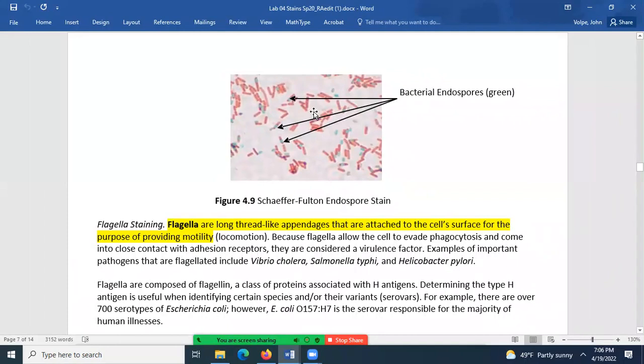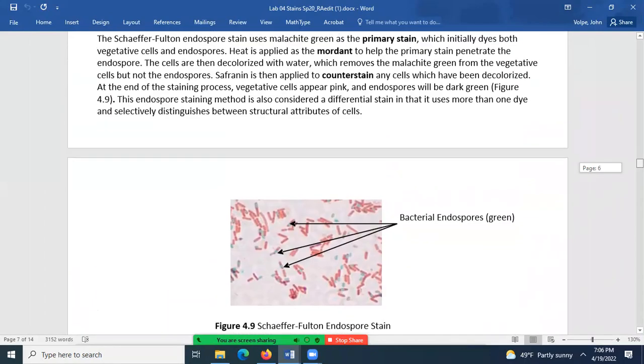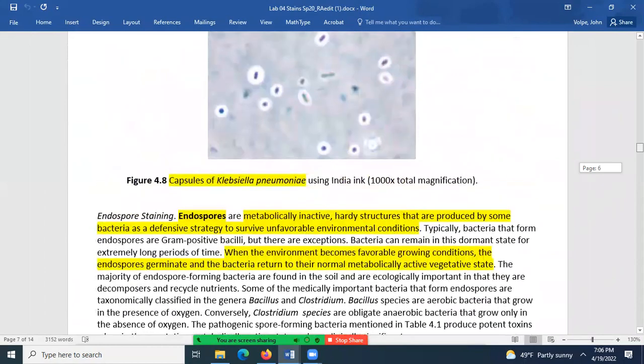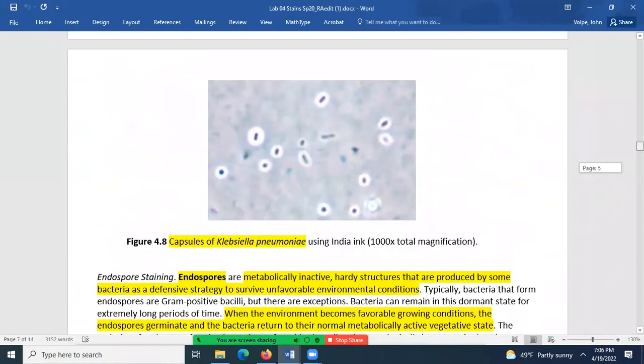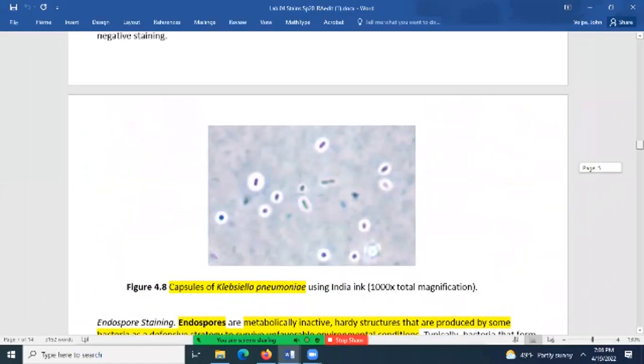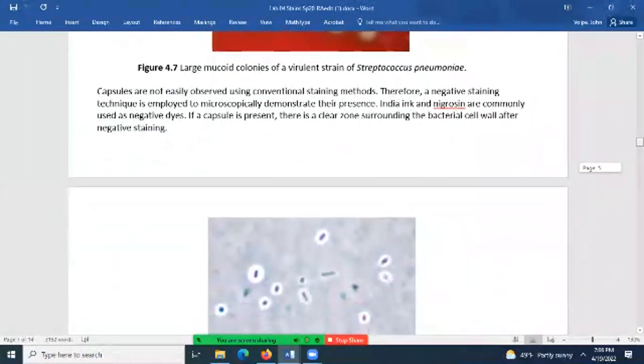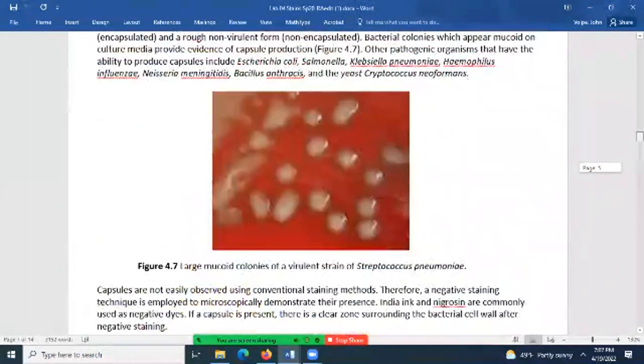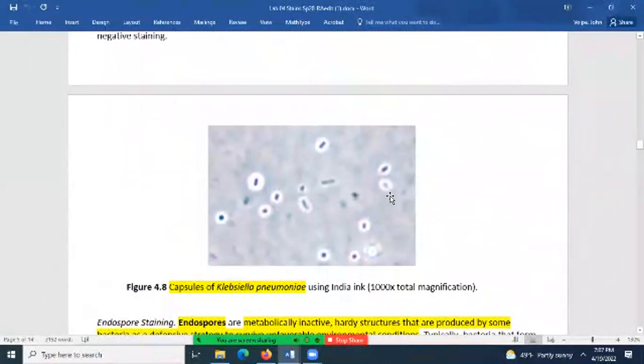Another special stain is the flagella stain. It stains the flagella, which are not normally seen when we stain the cells. I don't know if Klebsiella pneumoniae has a flagella or not, but let's pretend this is anthrax. It has a flagella, or some E. coli have a flagella. Lots of cells have a flagella.